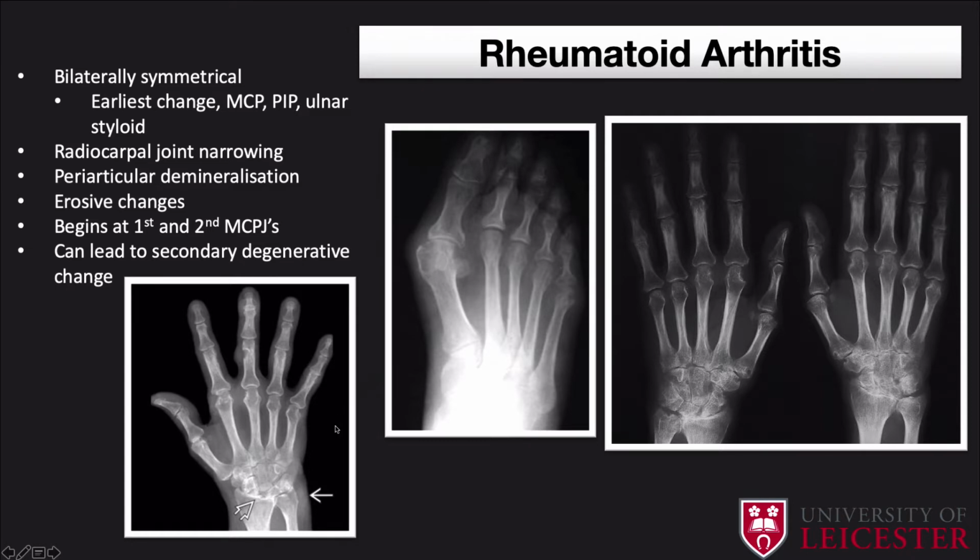This PA radiograph shows soft tissue swelling over the ulnar styloid with complete loss of cartilage at the radiocarpal joint, and the next hallmark radiological finding is erosive change, particularly at these joints. Here you've got some translocation of the carpus, and all of these features are quite typical for rheumatoid arthritis.